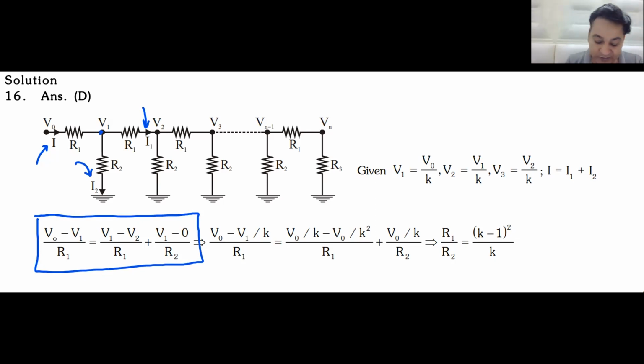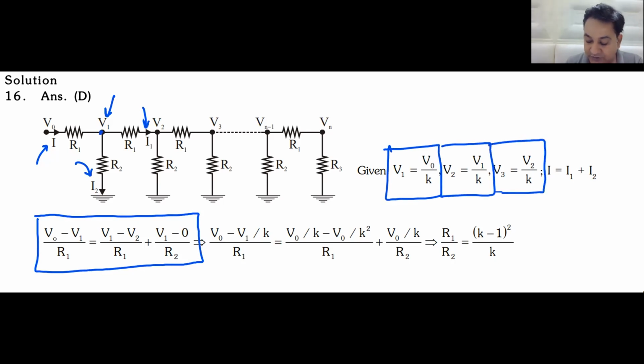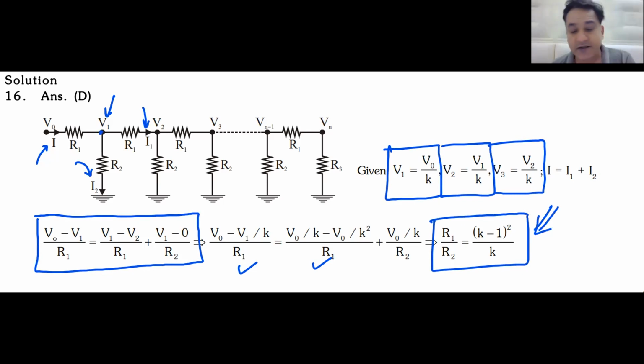Now look at V1. This V1 is V0 by K. V2 is V1 by K. And V3 is V2 by K, and so on. You put the values here, solve for the value of R1 and R2, and you get this answer, K minus 1 the whole square divided by K. It's a mistake you must have made, I hope you were thinking on the same lines. Yes or no? Sir, explain once.